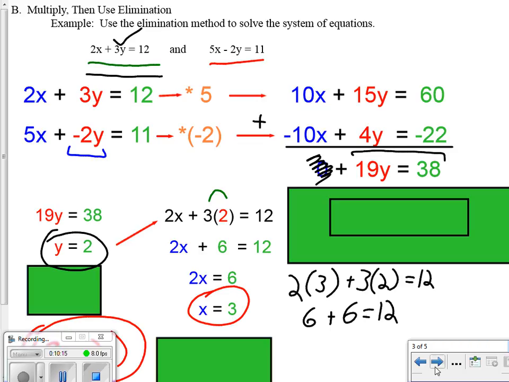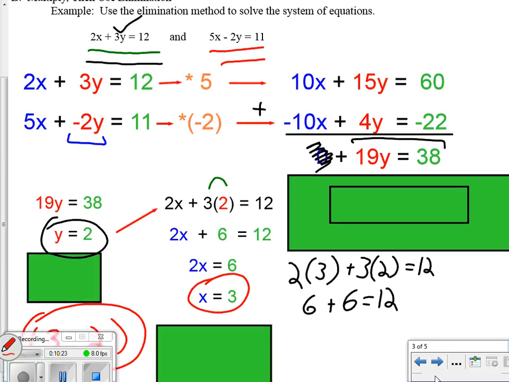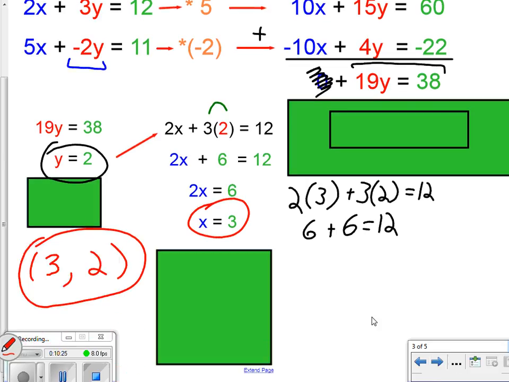That one works. For our other one, if we're looking at 5x minus 2y equals 11, we can work with that and say 5x, or 5 times 3, minus 2y, and y was 2, equals 11.